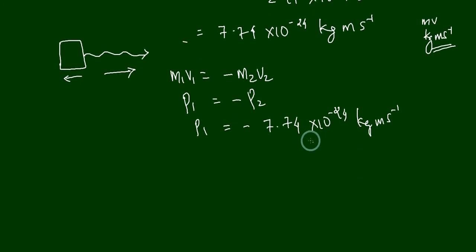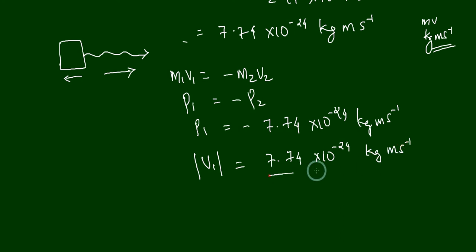And from here we can calculate the velocity of the source. So the velocity of the source v1 is equal to, I'm going to calculate the magnitude of the velocity, 7.74 into 10 raised to minus 24 kilogram meter second raised to minus 1 divided by the mass of the source.